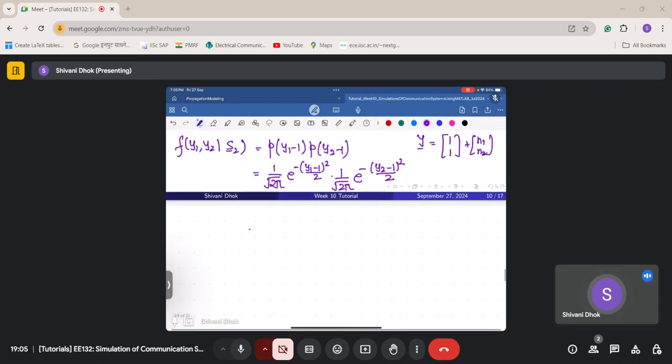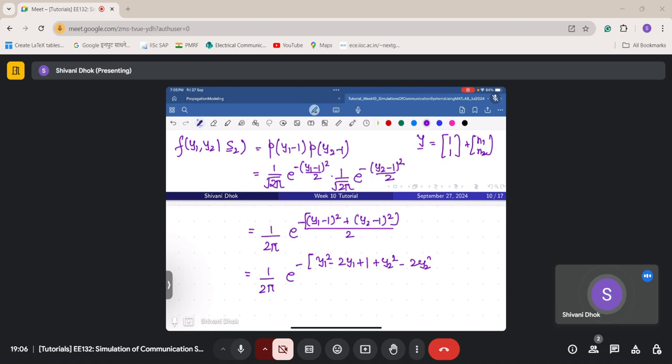So this becomes 1 over 2 pi into e power minus y1 minus 1 square plus y2 minus 1 square by 2, which expands as y1 square minus 2y1 plus 1 plus y2 square minus 2y2 plus 1, divided by 2.